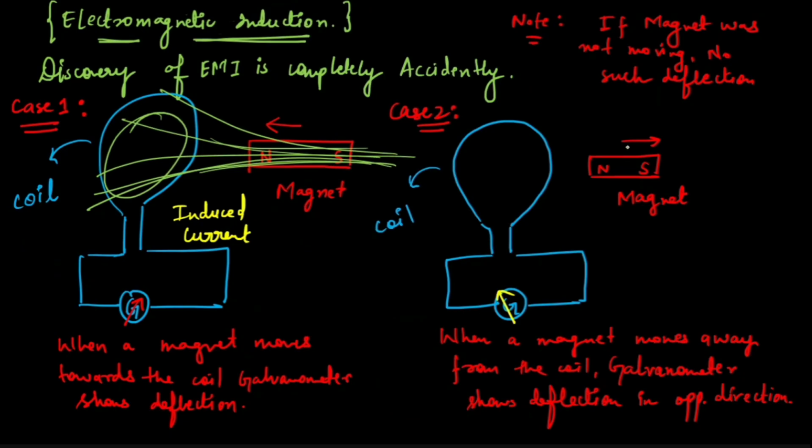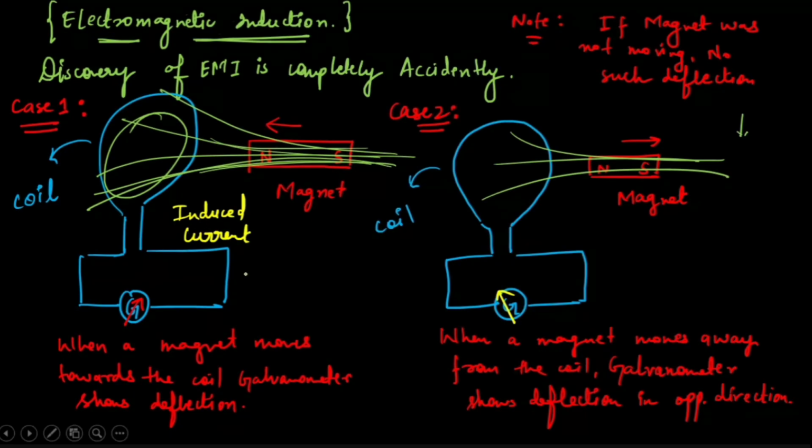Similarly, when it is going away from it, the number of magnetic field lines passing through the coil will keep on decreasing. What we have to understand here is that the number of field lines passing through the coil keeps on changing, or I can say that the magnetic flux passing through this coil is changing.